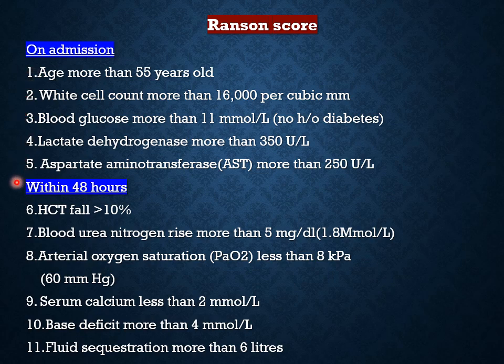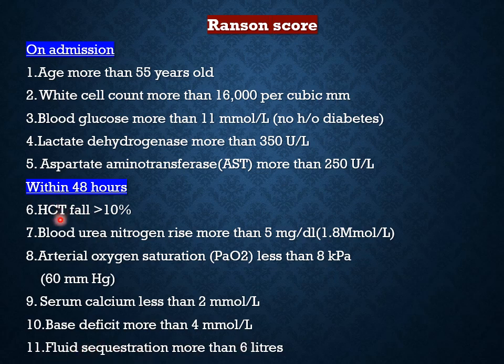Then you observe the patient during the 48 hours with treatment, and you continue to monitor the following parameters: fall in hematocrit, blood urea nitrogen rise, arterial oxygen saturation decrease, falling serum calcium, increasing base deficit, and also fluid sequestration of more than 6 liters.